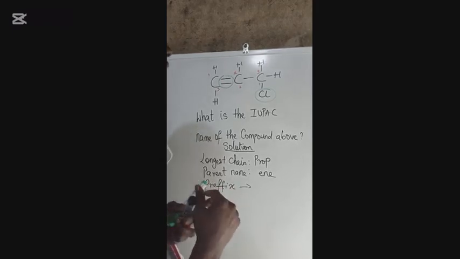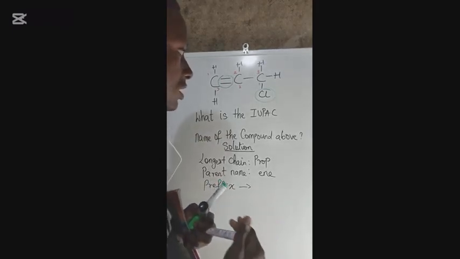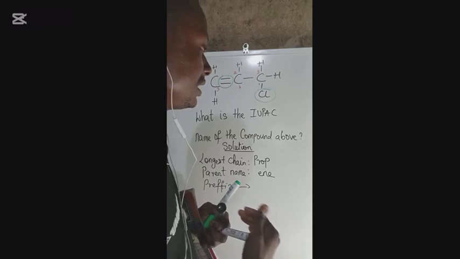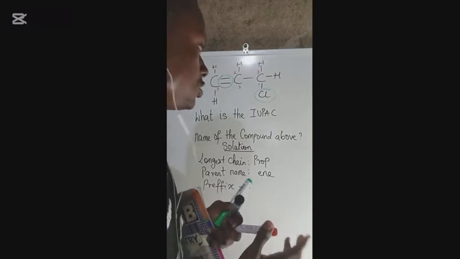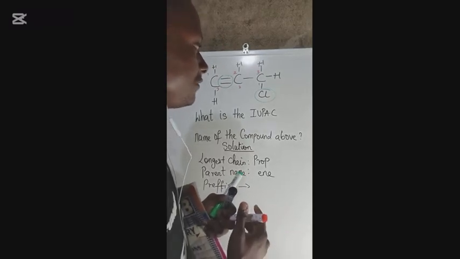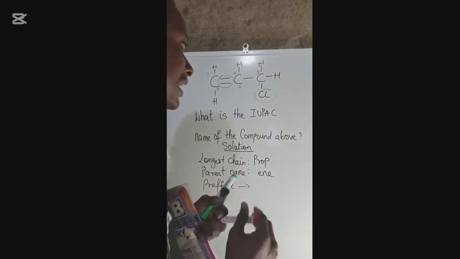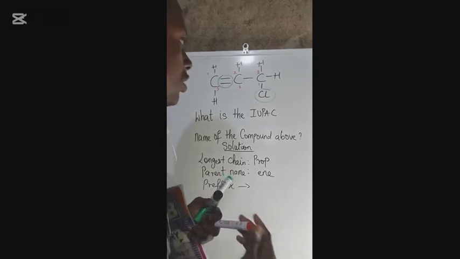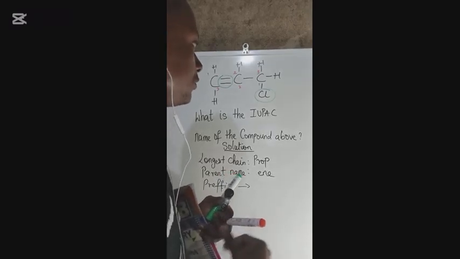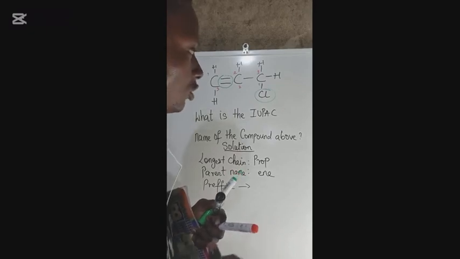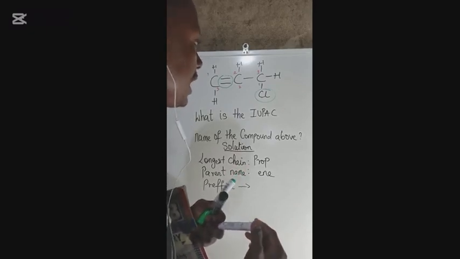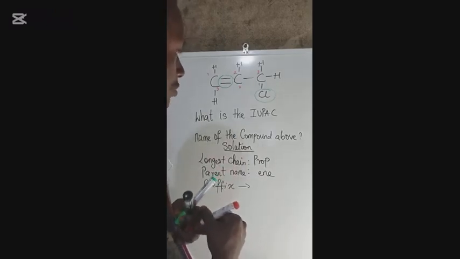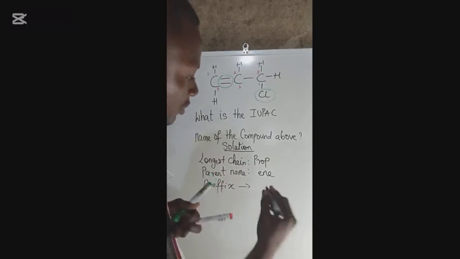For the haloalkane family, we'll do another section on how to name it, but just so you know, for chlorine, it's called chloro. For fluorine, it's called fluoro. For bromine, it's called bromo. For iodine, it's called iodo, when it has to do with naming of organic compounds. So we have chlorine there, that becomes chloro.